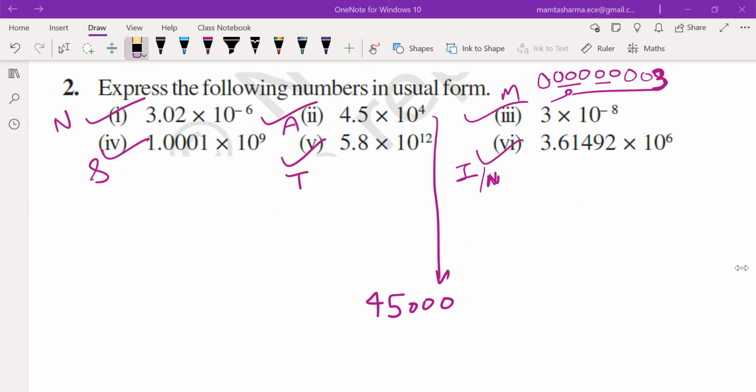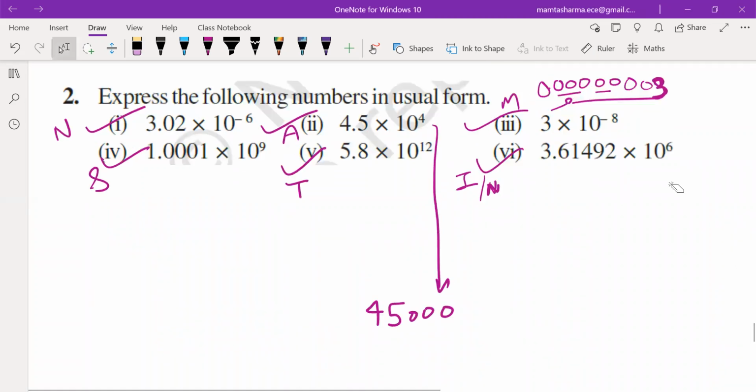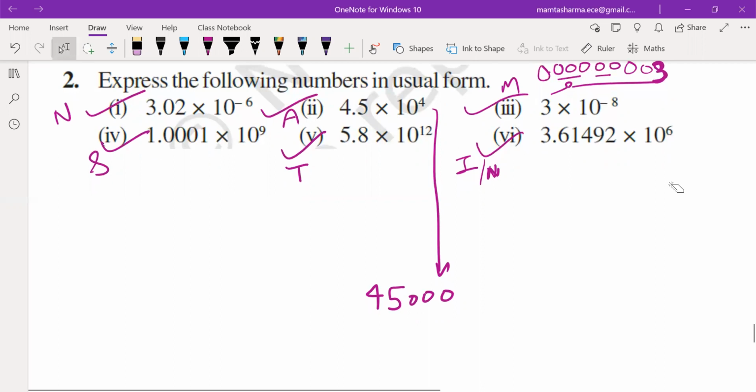Have you added 11 zeros? 1, 2, 3, 4, 5, 6, 7, 8, 9, 10, 11. Yes, correct. Nityashri? I'm sending now. I thought it was -6. Okay, now it is correct. You have to add only 1 zero because 5 digits are there.